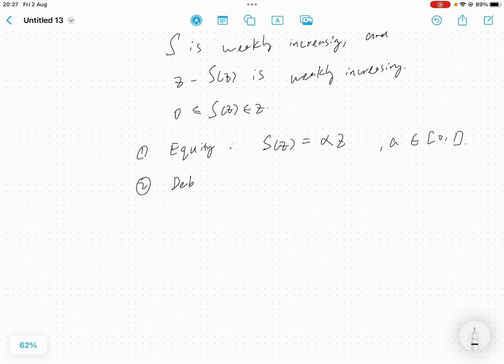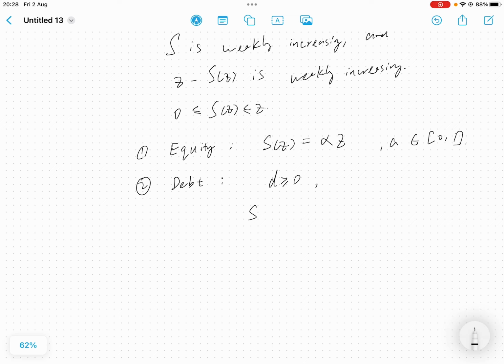And we could use debt. The seller is promised a face value D, a non-negative face value D for this debt, and it's secured by the project.